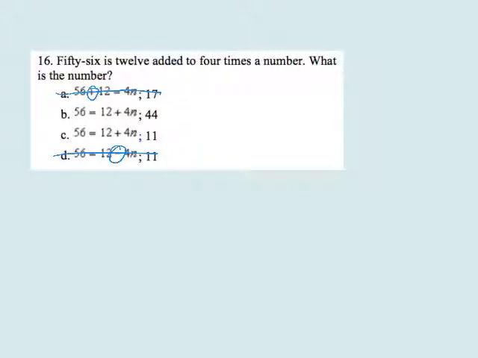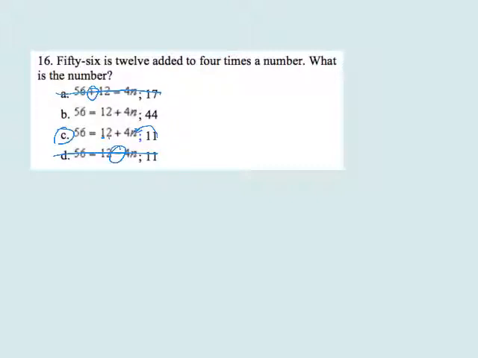So 56 is 12 added to 4 times a number. Let's try 11 because it's smaller, it's easier. 4 times 11 is 44, plus 10 is 54, plus 2 more is 56.